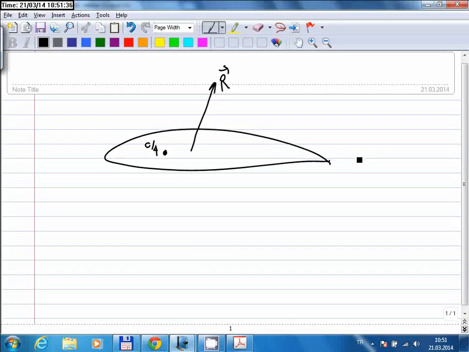So to have a nose-down moment, the aerodynamic vector should be behind the quarter-chord point. Let me call this distance x, and let me write the components of this. This is the drag force. This is the lift force.